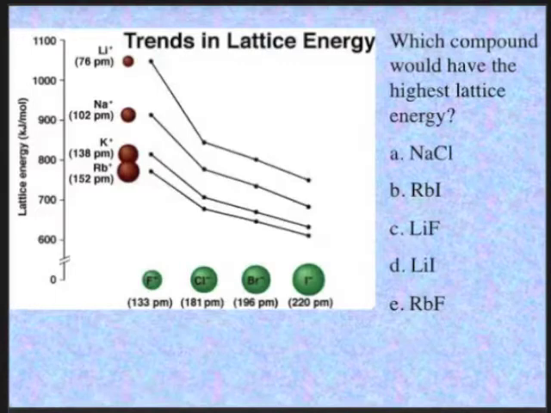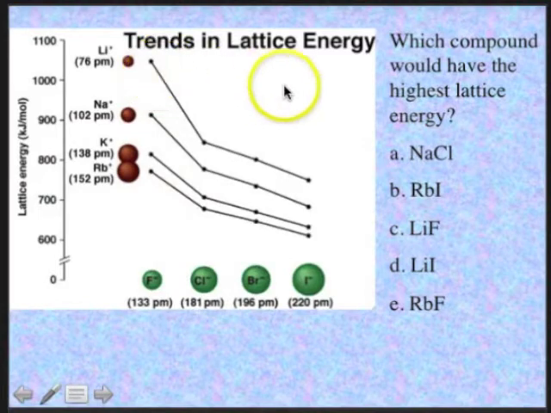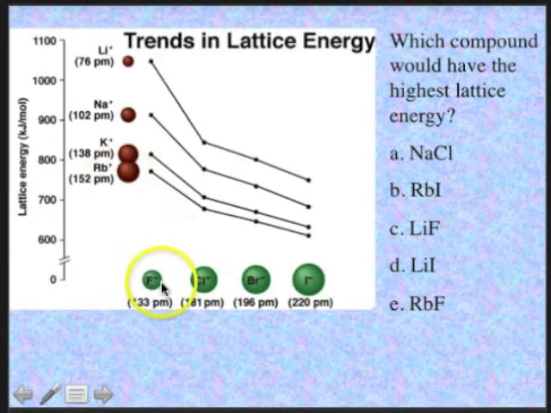So I'm going to ask you this in class, giving you this graph of trends in lattice energy. Here's a series of positive cations, all of +1, and a series of anions, all of -1, and the lattice energies for each of the compounds that they can combine to form. And what I want you to think about is how to relate these energies to the charge densities of the particles making up these compounds.